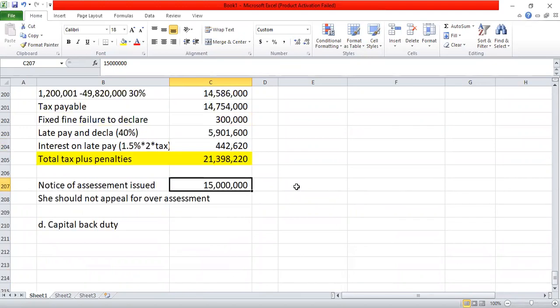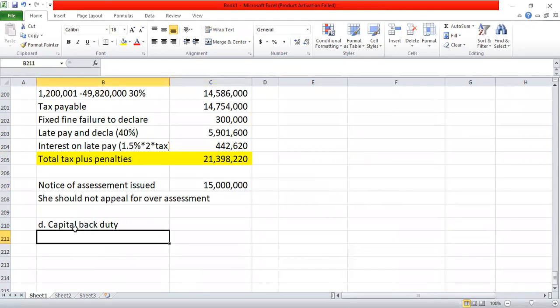So that is the capital backup duty. What you do works almost the same way as the net worth method, because what you want is to find the net asset value.